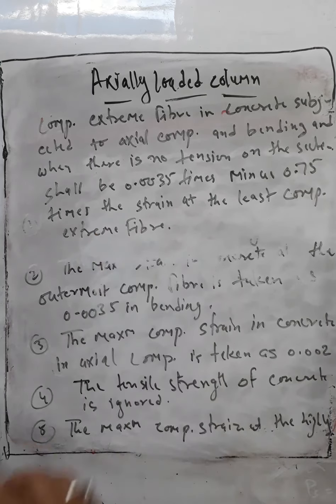So these are the assumptions given in our IS 456-2000 related to columns.